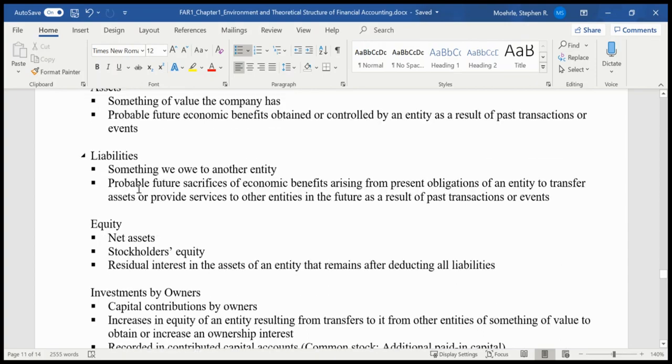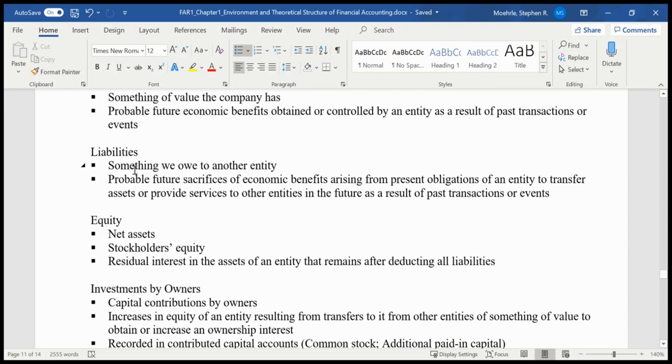Liabilities. Liabilities are amounts we owe to another entity, obligations we have to another entity. These are probable future sacrifices of economic benefits arising from present obligations of an entity to transfer assets or to provide services to other entities in the future as a result of past transactions or events.